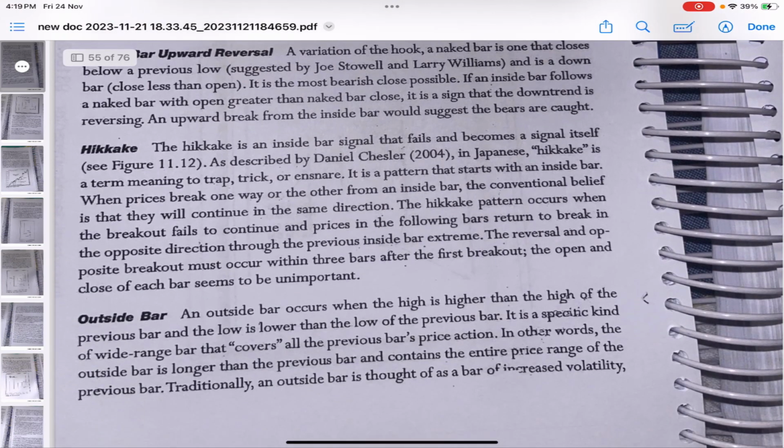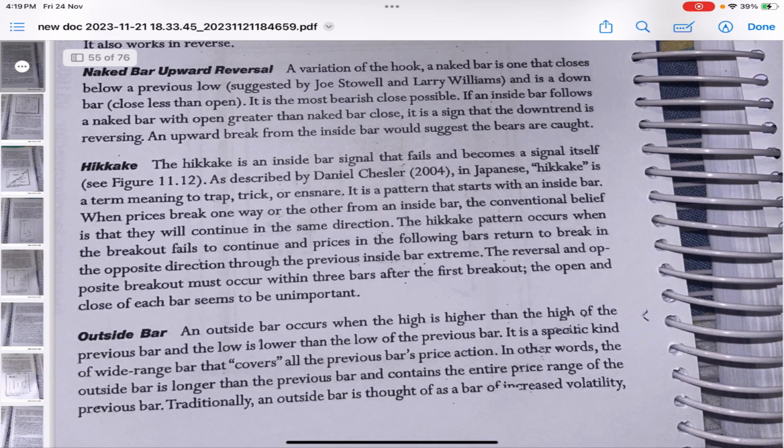Next we have the naked upward bar reversal. A naked bar is one which closes below a previous low, so that is basically closing below a previous low and is a down bar. It is the most bearish close possible. If an inside bar follows a naked bar with an open greater than the naked bar close, it is a sign that the downtrend is reversing.